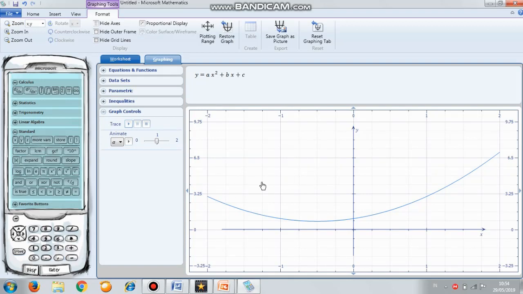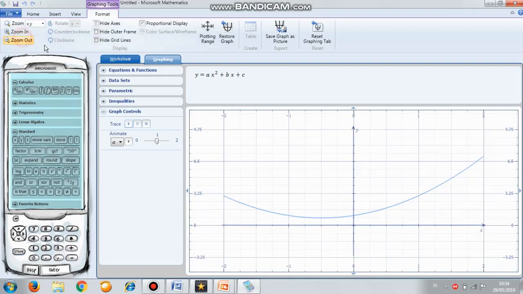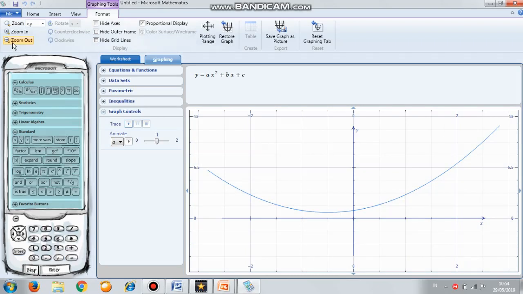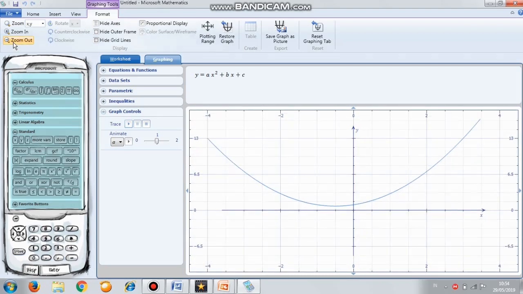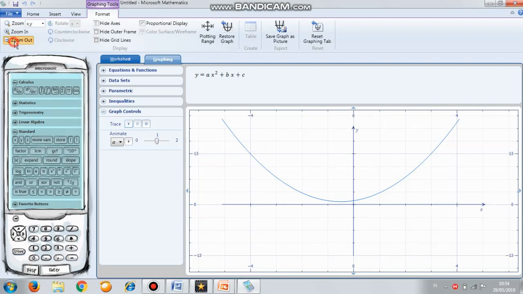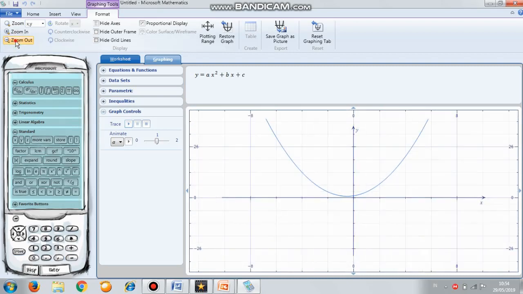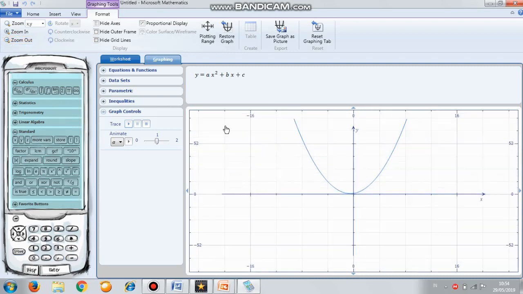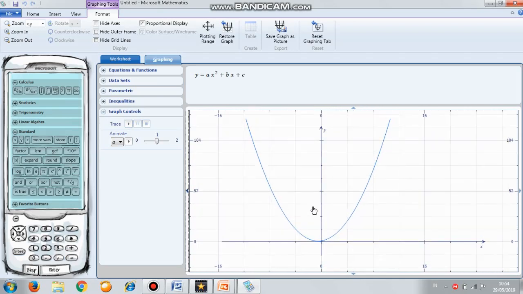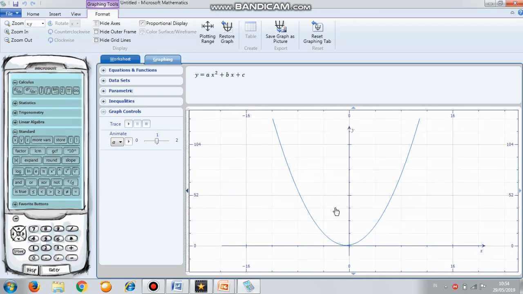We then zoom out the graph to know what is the shape of the graph. So this is the graph of y equal to ax squared plus bx plus c, and then we can trace to know its value of x and y of the graph. We can now trace.